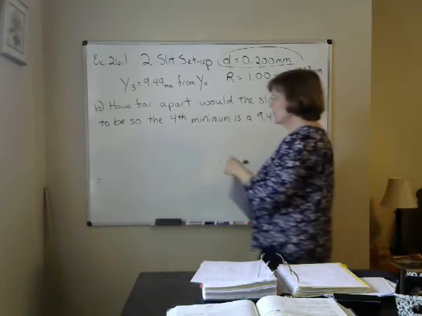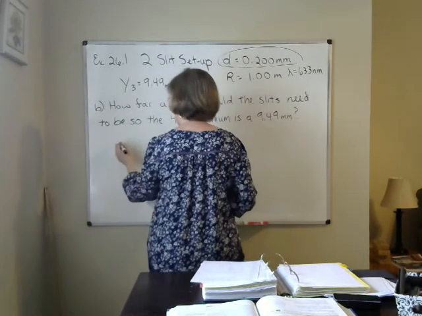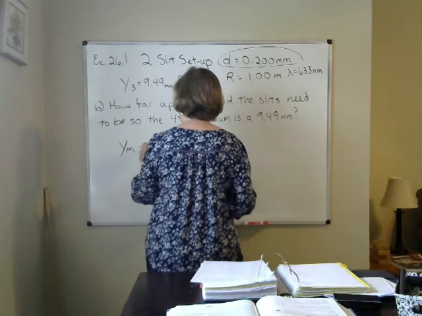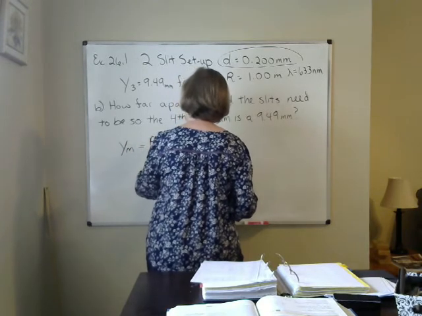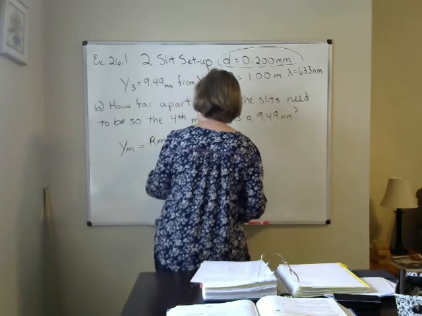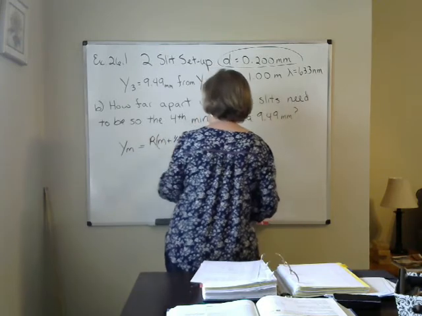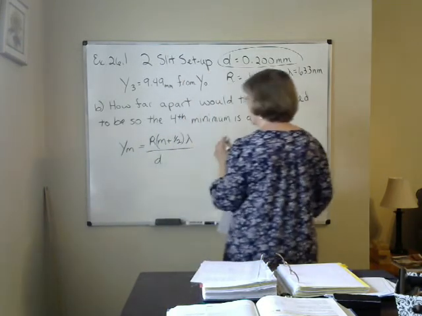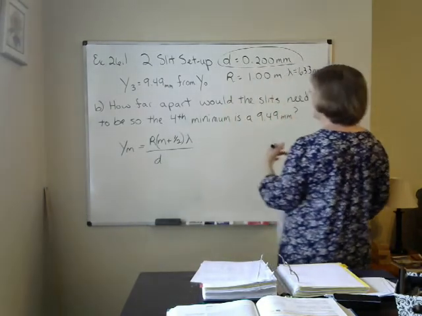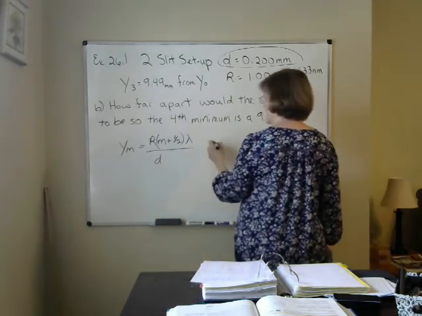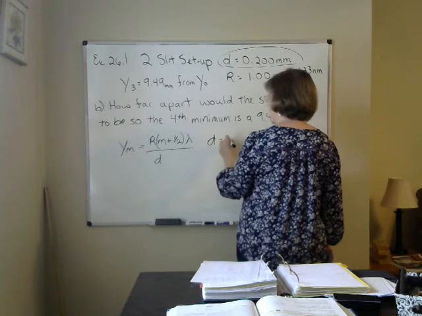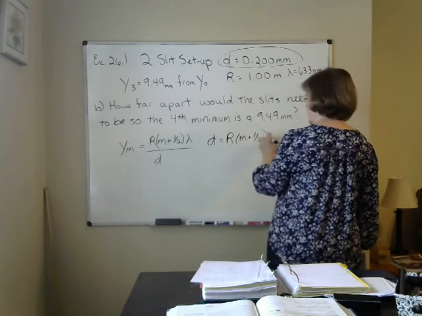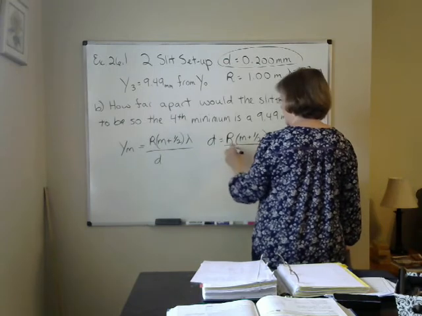Our formula for destructive interference says that Ym equals Rm plus a half, lambda over D. And this time we're actually solving for D. We want to know what that new slit spacing would have to be. So D would equal R times m plus a half, lambda, over Ym.